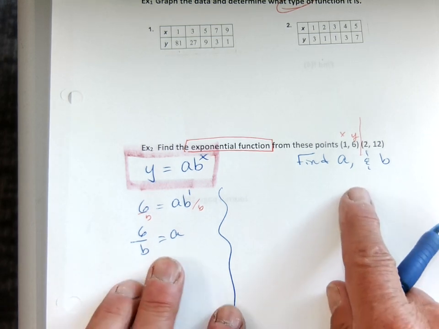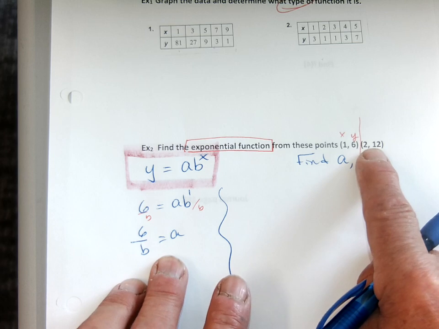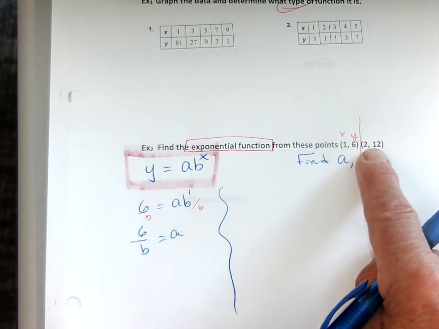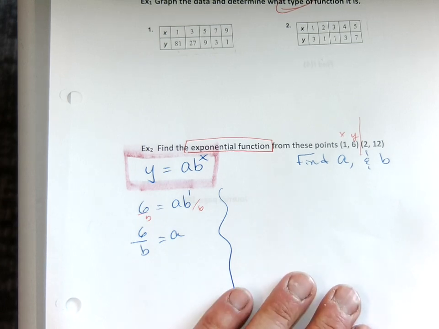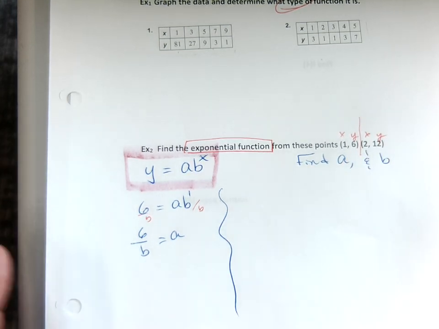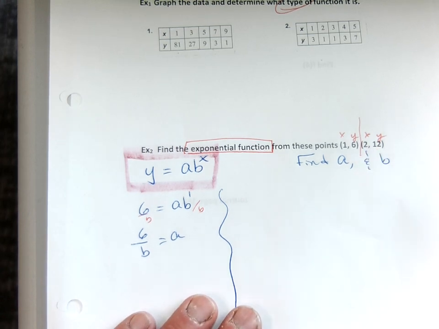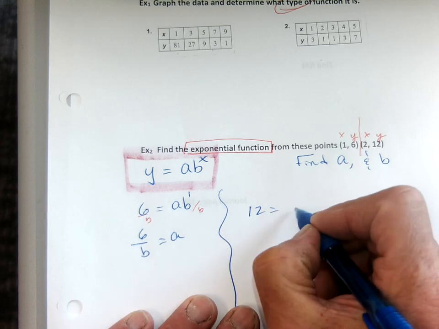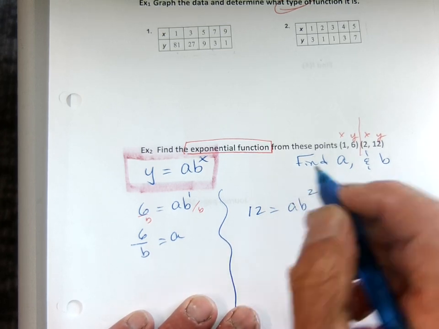So I want to then use my 2, 12. I will need to substitute, but I'm ready to substitute. So let's do the 2, 12 and let that one be my x and that be my y. So let's plug that in. So I'm going to have 12 equals ab to the 2 power, right?